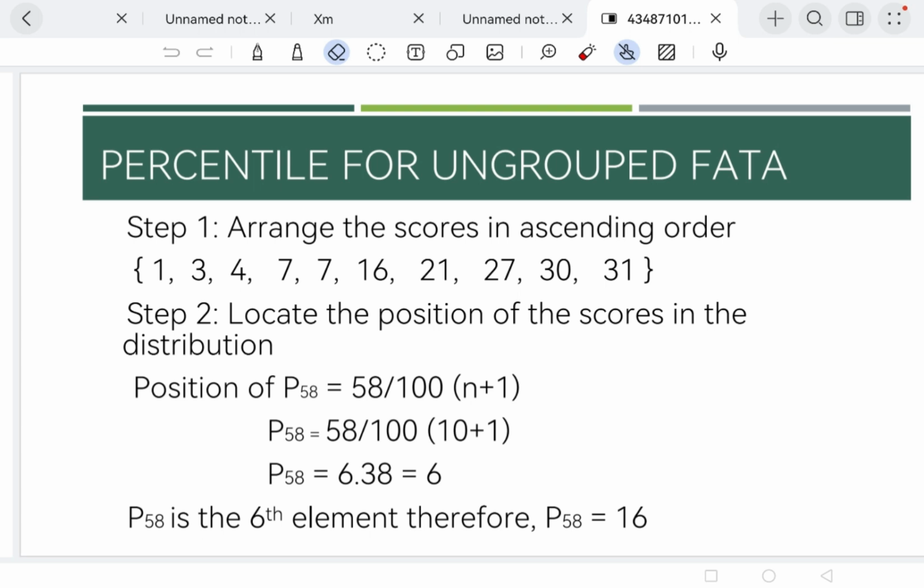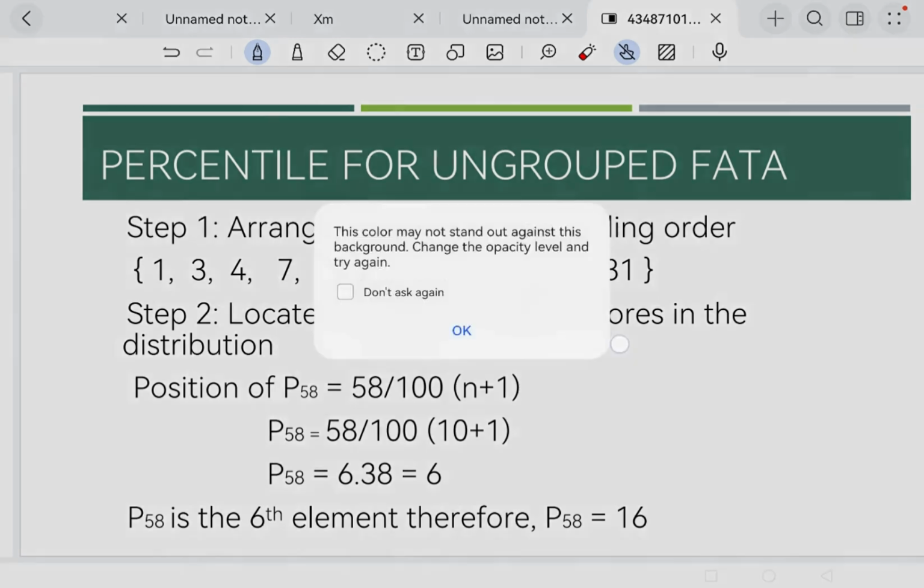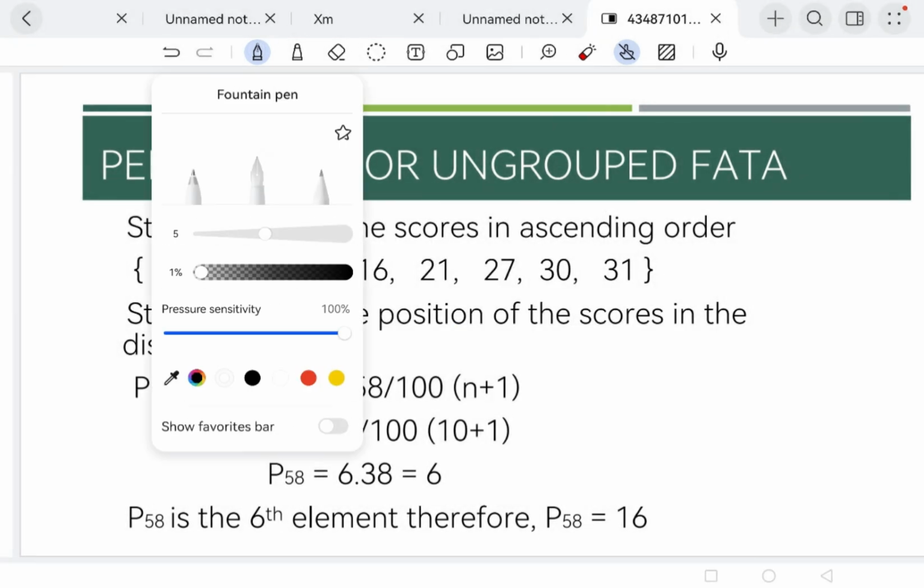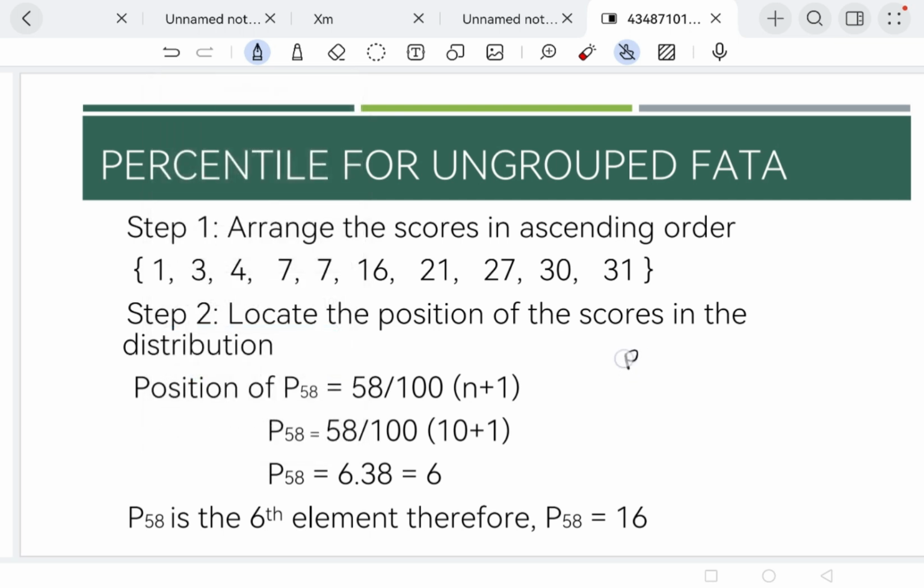And now we will locate the position of the scores using our formula. So we have P sub k equals k times n plus 1 divided by 100, since we have percentile, so that is over 100. So that is our k.